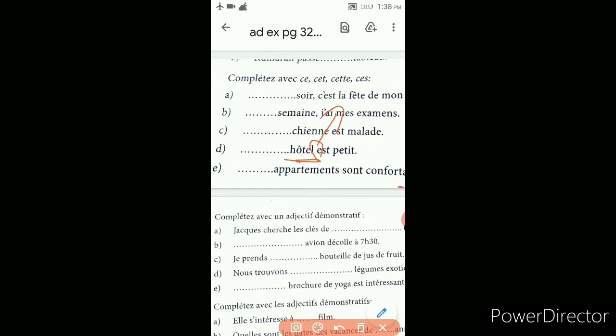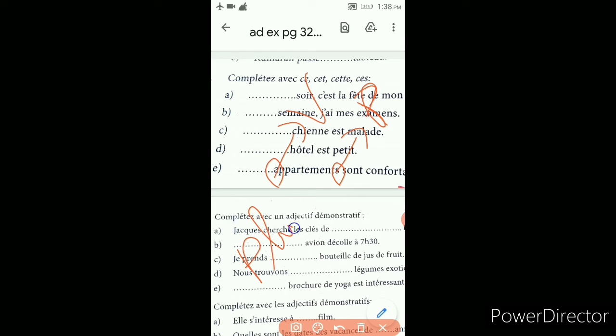So it is masculine because it is ending with another alphabet, and it is starting with the vowel and it is singular. So it is vowel, masculine and singular. So you have to write C-E-T. Here it is ending with S. So plural. It is starting with a vowel. Though it is starting with a vowel, it is plural.